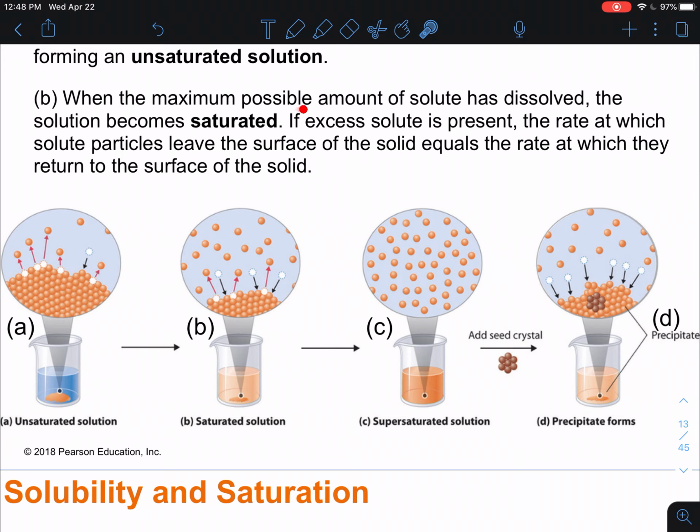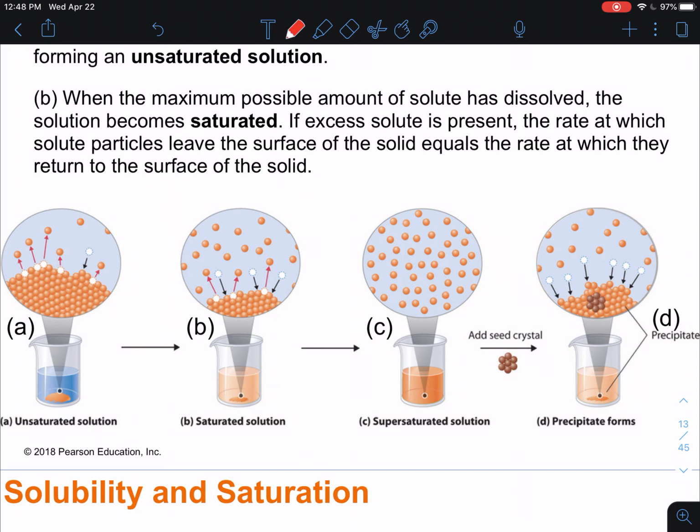When the maximum possible amount of solute has dissolved, the solution becomes saturated. Right, so this is a saturated solution. If excess solute is present, the rate at which the solute particles leave the surface of the solid equals the rate at which they return to the surface of the solid.